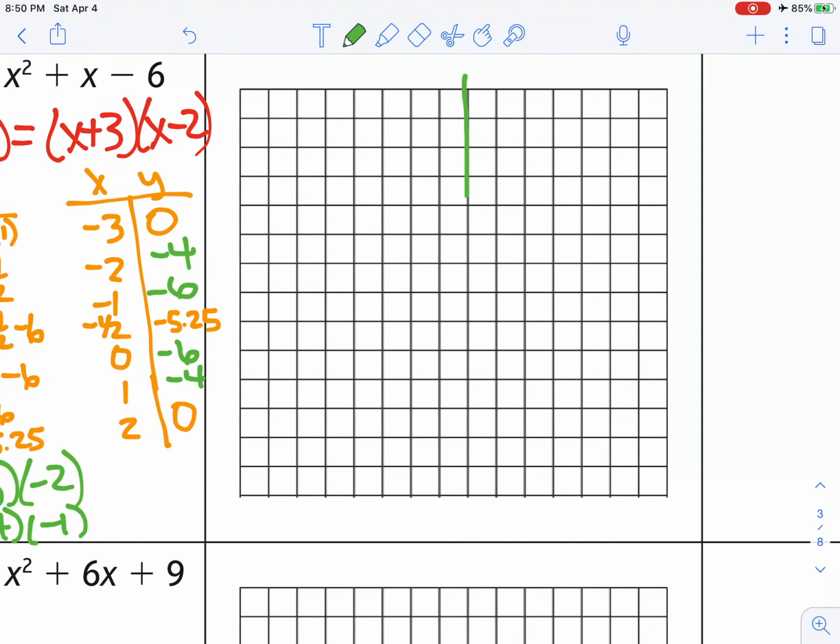So now I can graph this. So I have -3, 0. I have 2, 0. I have -2, -4. 1, 2, 3, 4. So that means that this is 4. And then I have -1, -6.